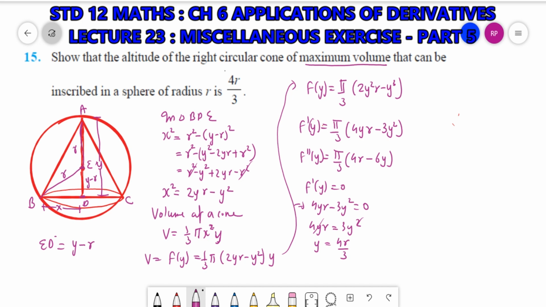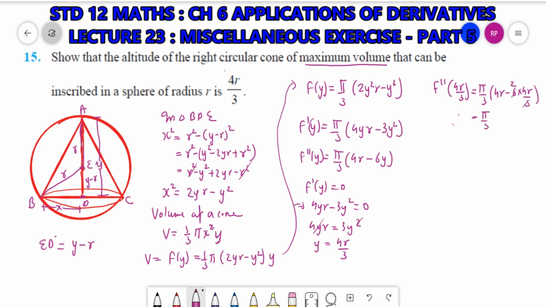Now let's see whether at y equal to 4r by 3 the volume is maximum or not. For that we'll put that in f double dash. f double dash at 4r by 3 will be equal to pi by 3 into 4r minus 6 into 4r by 3. So 3 ones are 3, 3 twos are 6.